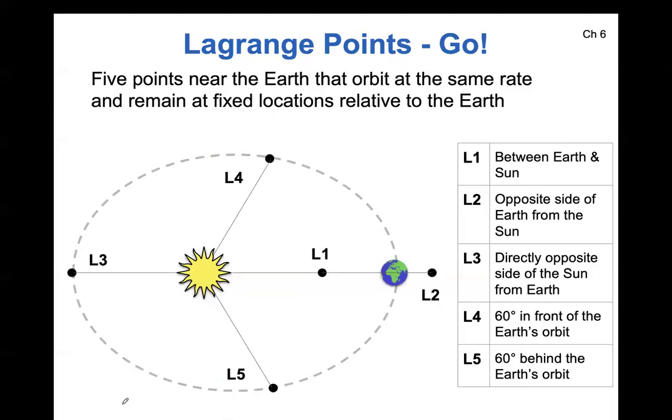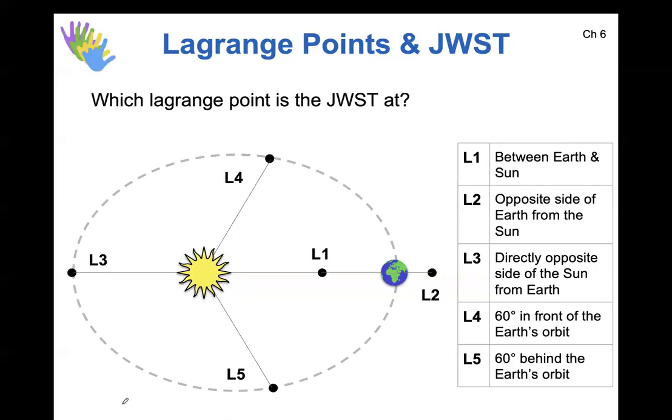Instead, it's like a fixed point, and you can place something there and it will stay there relative to Earth in Earth's orbit around the Sun. And that's where the James Webb Space Telescope was placed, which is significantly further from Earth than the moon. It's about six times further than the moon is, which is a pretty long distance. That's no trivial mission to send something that far out.